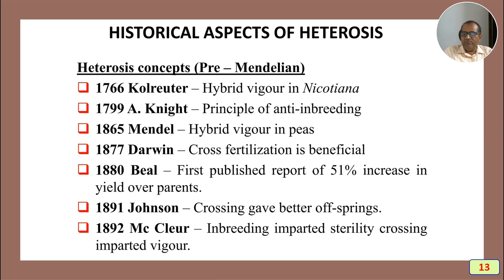In 1880, Beal published the first report of a 51% increase in the yield of the offsprings when compared to the parents.